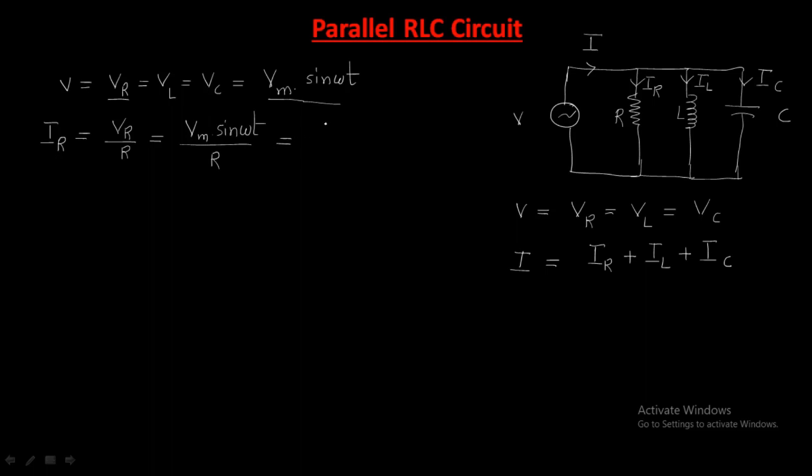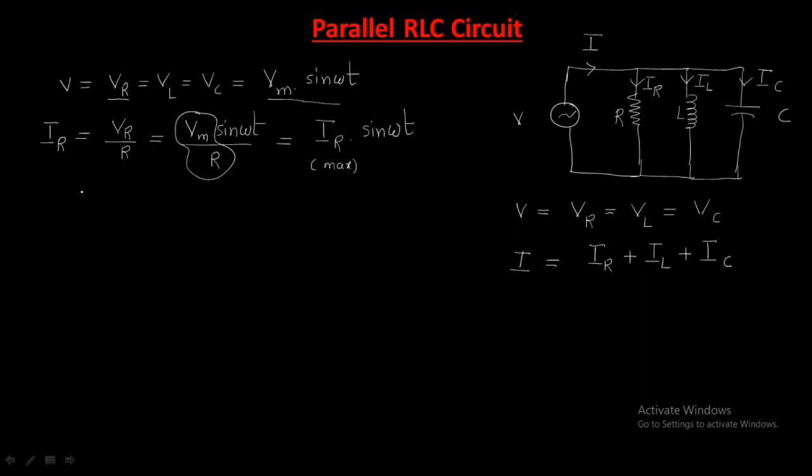So finally we can write it like this. This Vm by R is Im, better to take the maximum value of IR, the R maximum value. So IR max sin omega t.